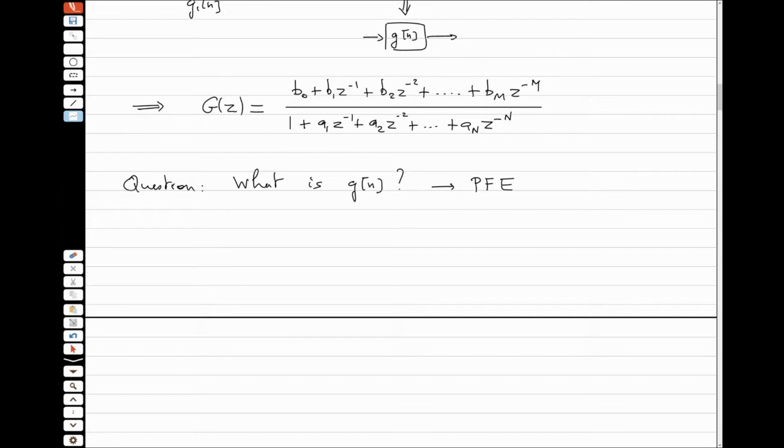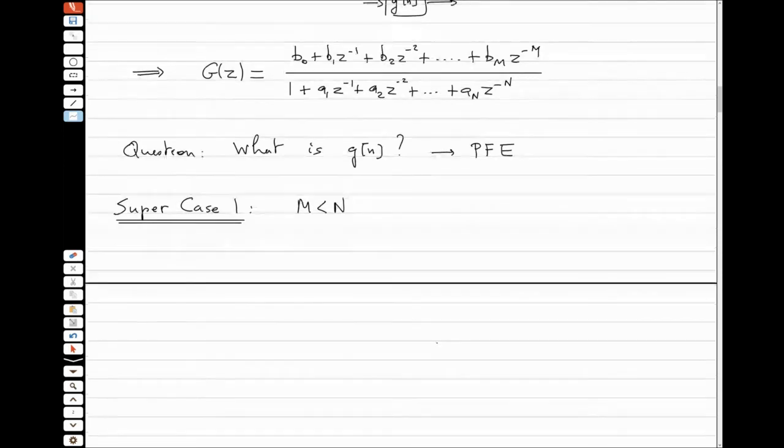N has to be greater than M. Yes, it doesn't have to, but this is a discussion. There are two cases, which I'm going to call super cases. Super case 1, I'm going to assume that M is less than N first, because this is the easy case.